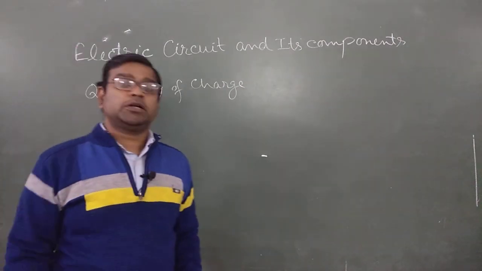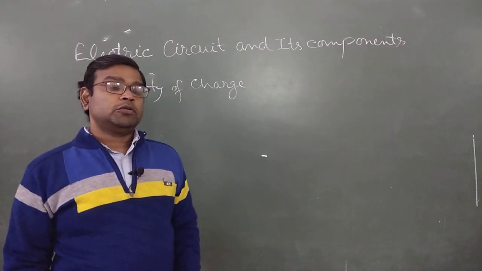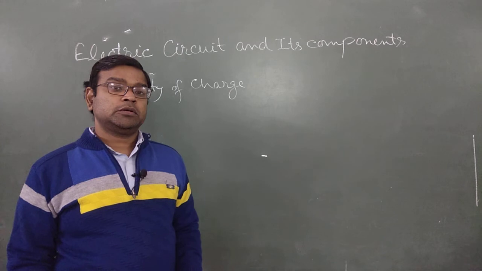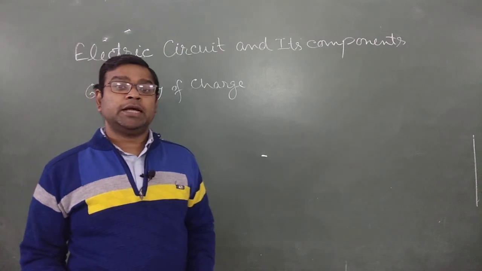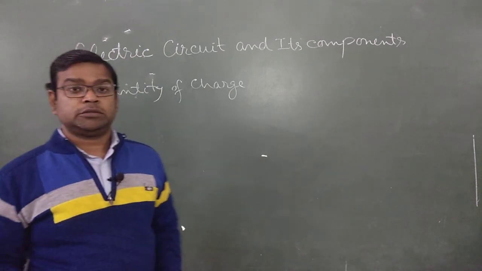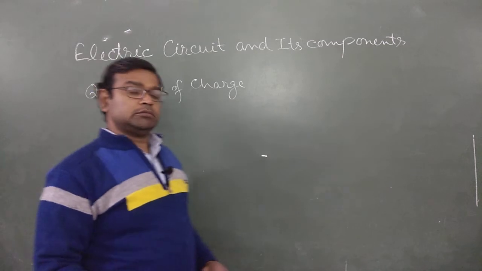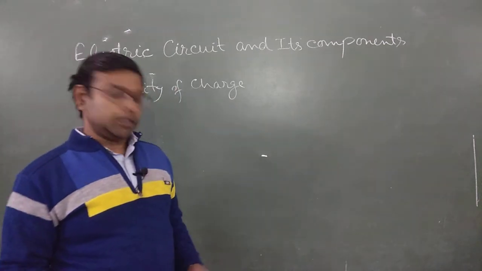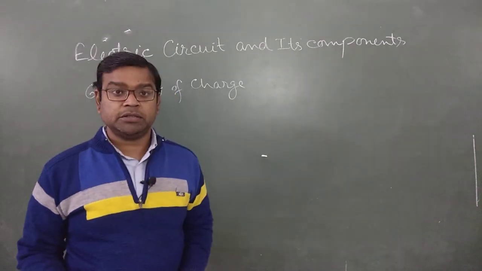The number of electrons flowing through a cross section in 1 second is known as the quantity of charge that flows through the cross section of the conductor, but it is not the exact definition.